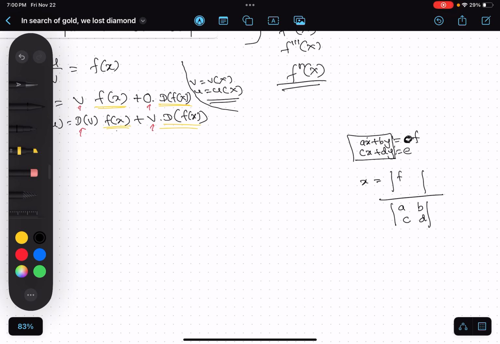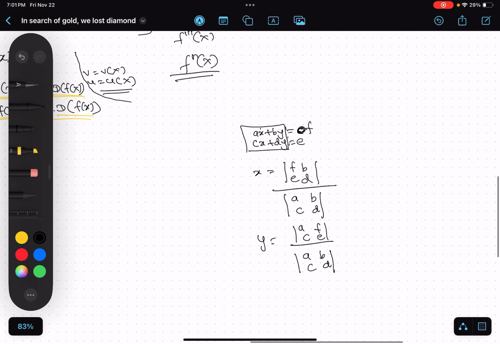So this is just f e b d. As for y, it's the same. The denominator will have the same determinant, and in the numerator the column where there is y will be replaced by f e. And that's the same for any number of dimensions, not just for 2. This is 2-dimensional, but for any dimension that's true.